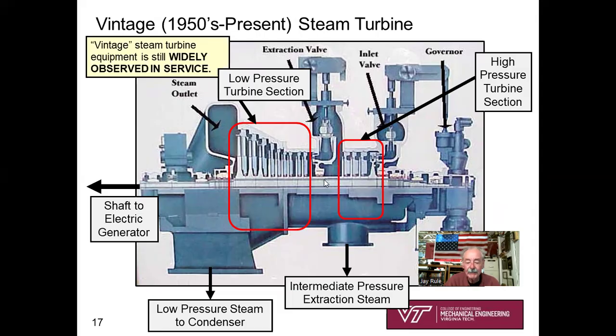Some of the steam is going for feed water heating, but then we come into the lower pressure turbine section, continuing to make power. And then here's the outlet that's going to be going downwards into the condenser, all hooked up on one rotating shaft to go to an electric generator. Still widely observed in practice.